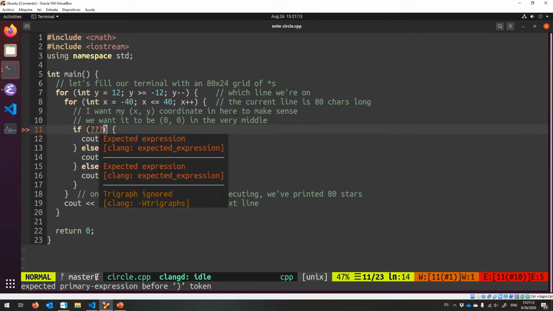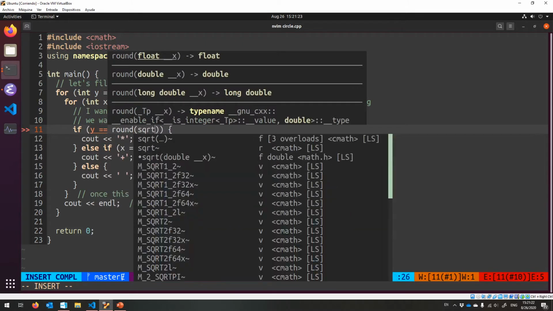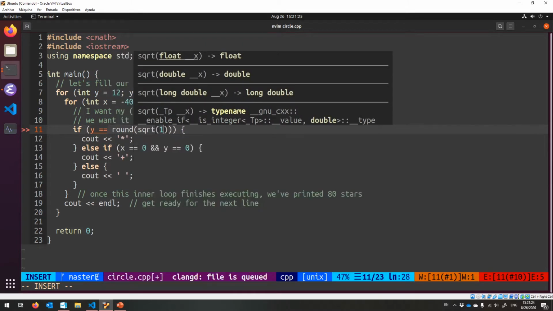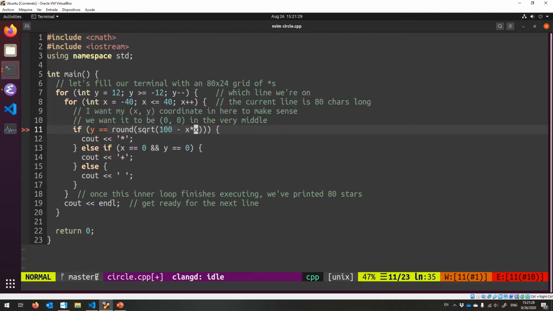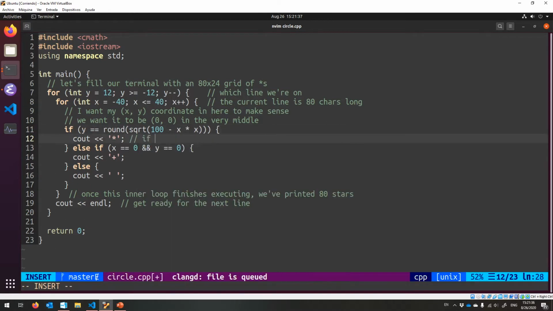So now we just need to figure out how to check. And it really is just checking for the equation that we found. Is my y currently equal to the rounded form of the square root of 100 minus x squared? So we just solve for y in our equation. And remember that round will give us a whole number, so this will work out, and we can compare for equality. If it's close enough, graph it.